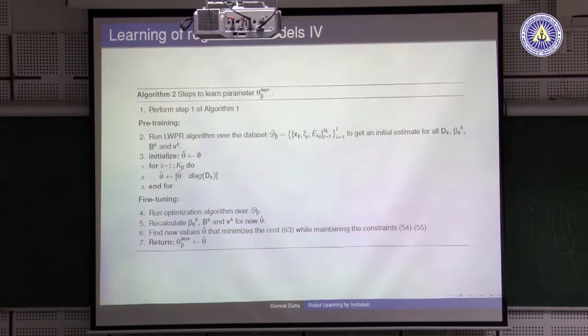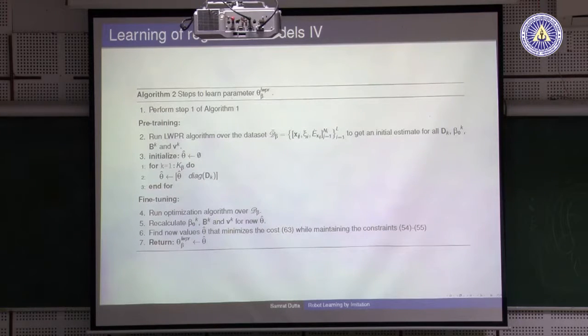And this is the algorithm for learning motion in LWPR, where in the pre-training we learn the model from the data set. Basically, what we are doing is changing the distance matrix D of the local models, and based on that we are finding the centers of the local models, and finding supporting parameters that will fit the data better.